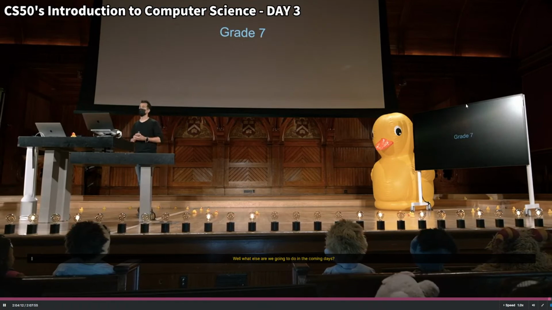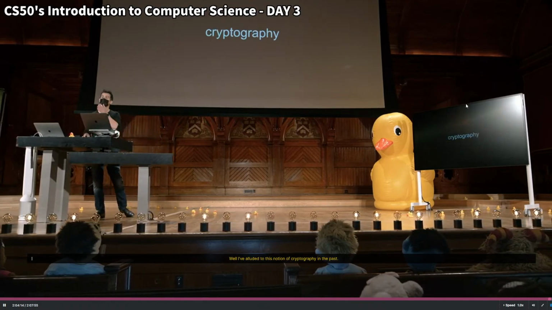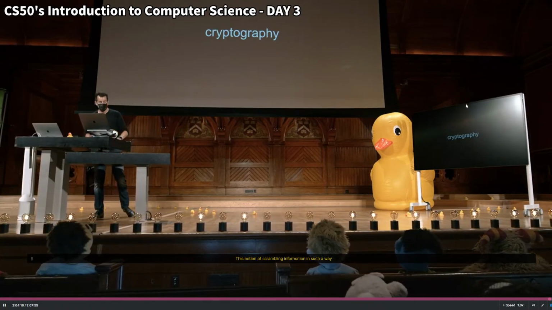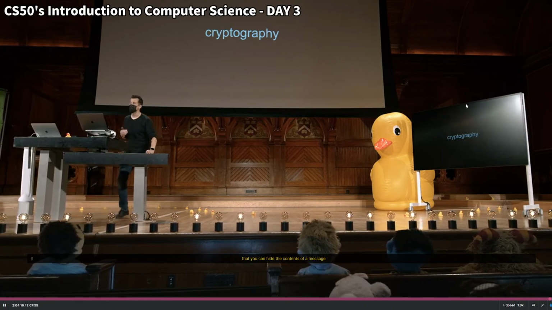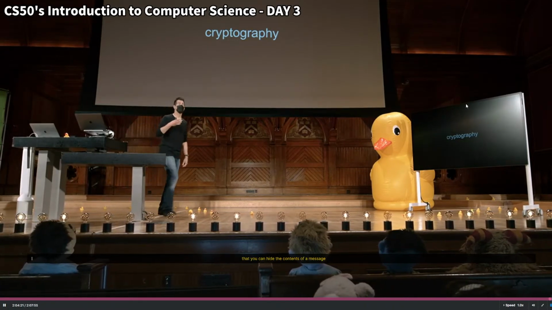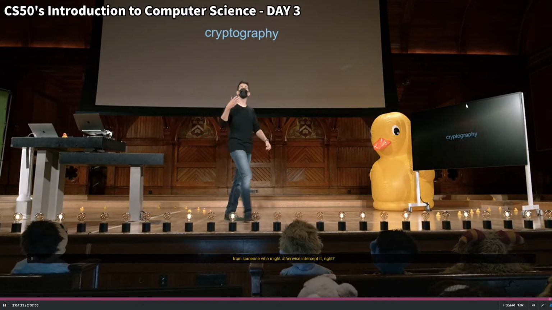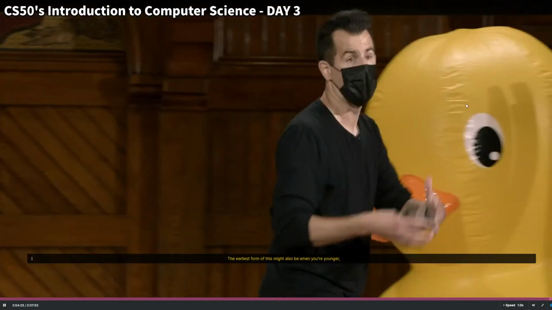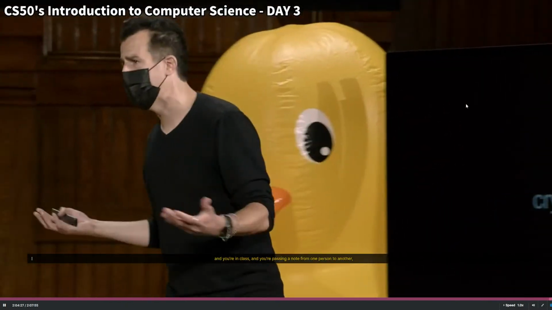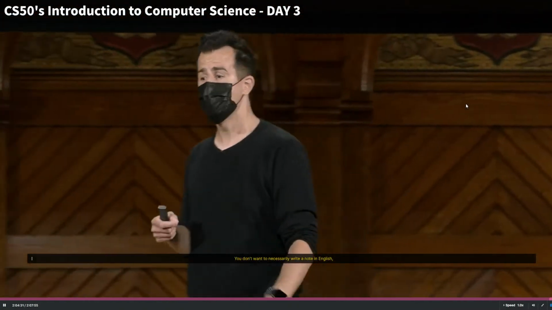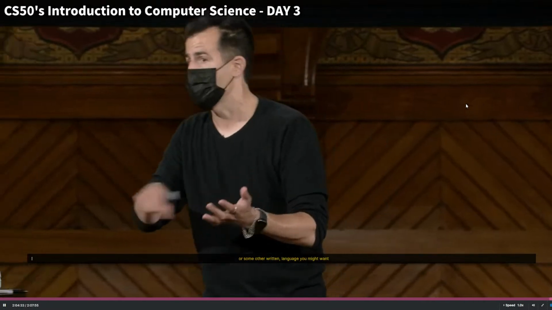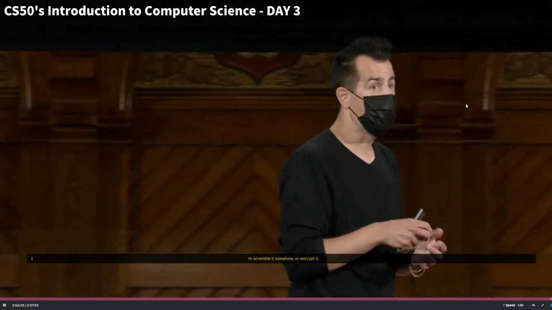Well, what else are we going to do in the coming days? Well, I've alluded to this notion of cryptography in the past, this notion of scrambling information in such a way that you can hide the contents of a message from someone who might otherwise intercept it, right? The earliest form of this might also be when you're younger and you're in class and you're passing a note from one person to another. You don't want to just necessarily write a note in English or some other written language. You might want to scramble it somehow or encrypt it.